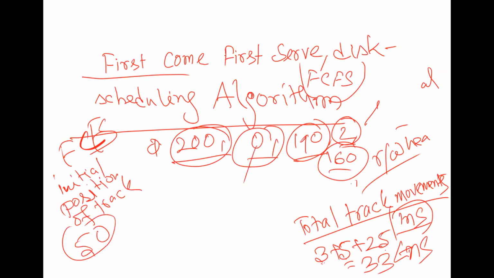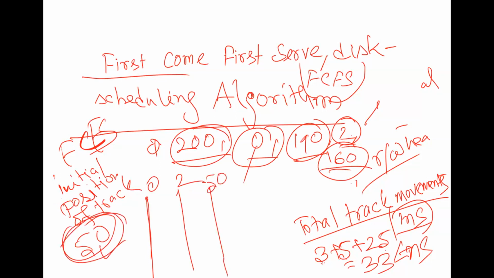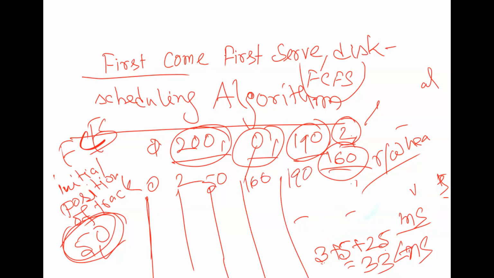Here the 0 number track should also be there, then the 2 number track, and then you need to draw the initial position as well, 50, 15 here, and then 160. Then you need to draw a line for 190, and then 200.